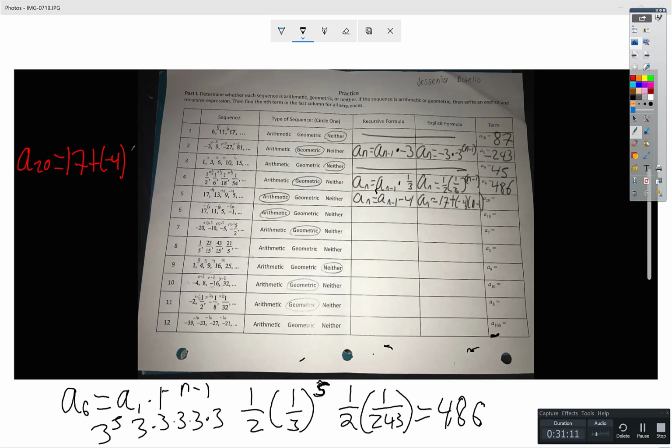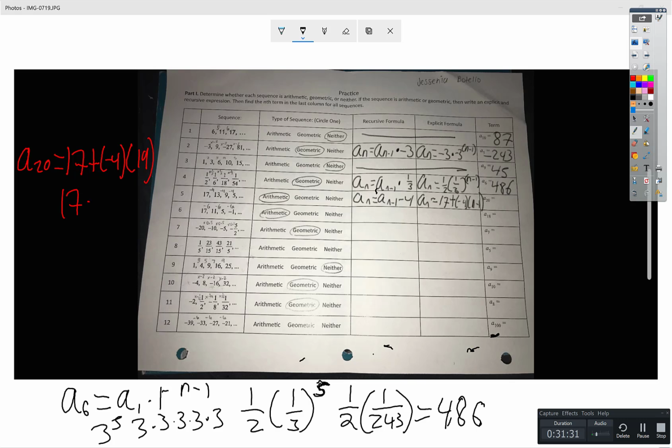So 20 minus 1 is 19. -4 times 19 is, that's going to be -4 times 10 is -40. -4 times 9 is -36. -40 plus -36, it's -76.